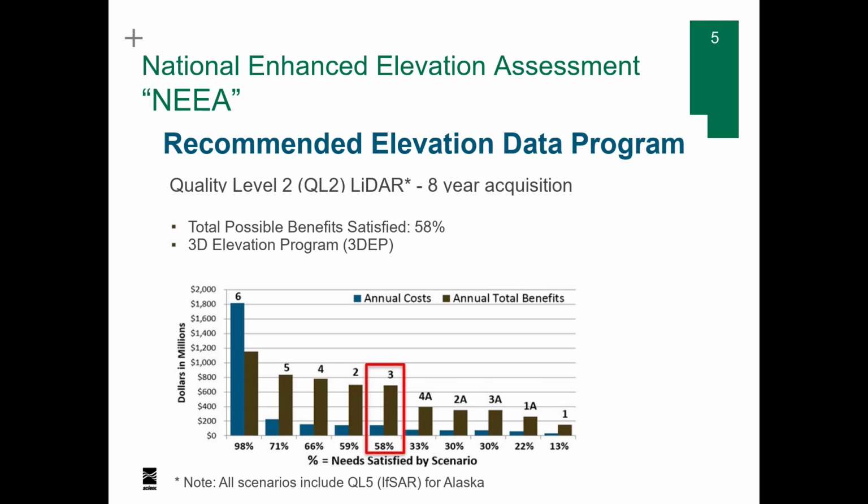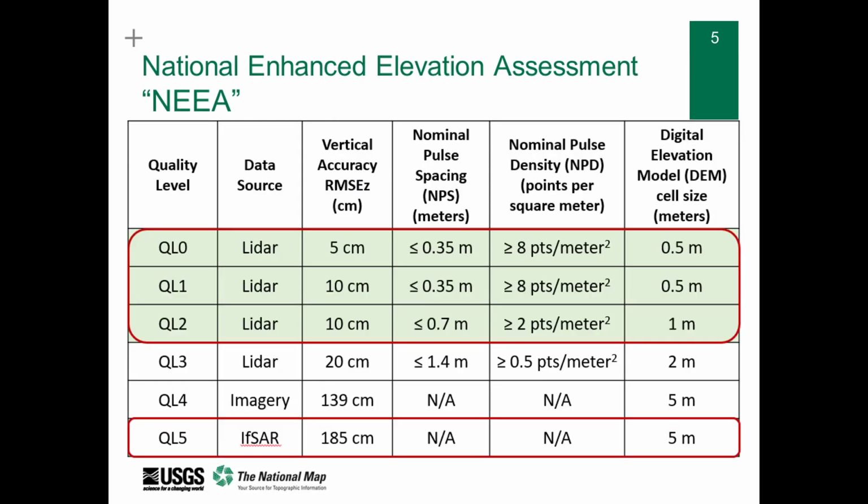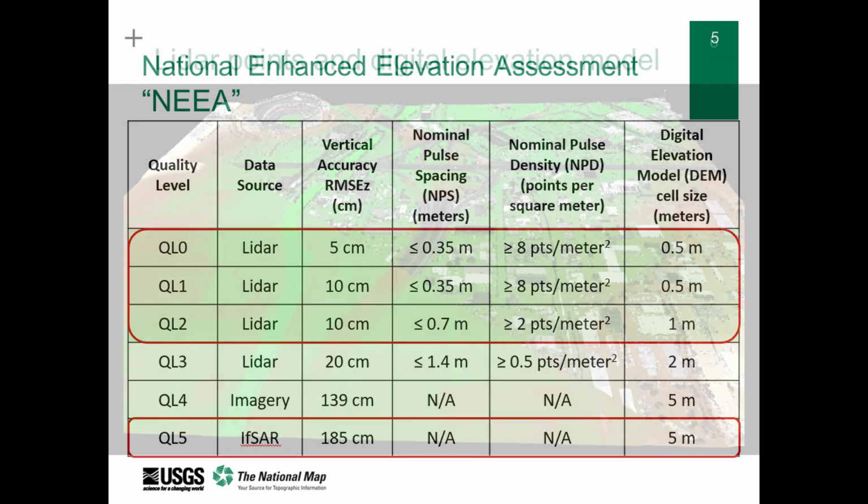A number of scenarios were developed, and one that met the most needs at a reasonable cost and time frame was chosen. The preferred scenario recommended QL5 IFSAR data for Alaska, and QL2 or better LiDAR for the other 49 states and the U.S. territories. Note that the current specification now includes a higher QL0 level with a greater vertical accuracy.